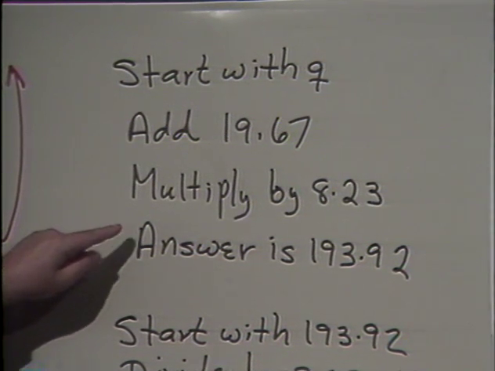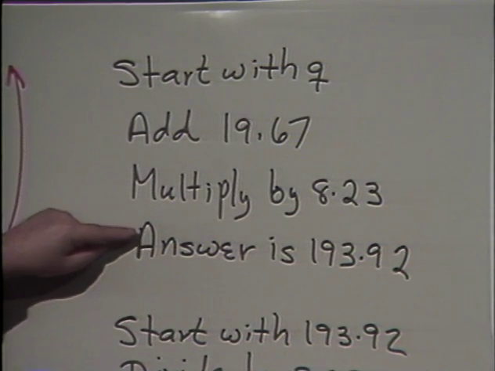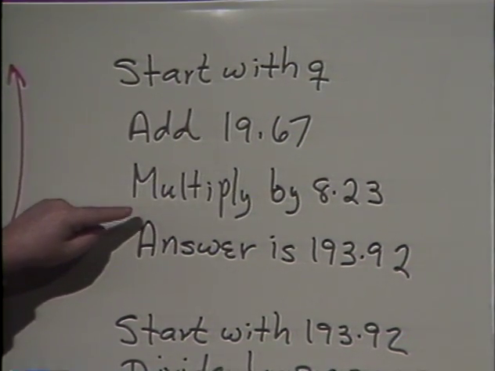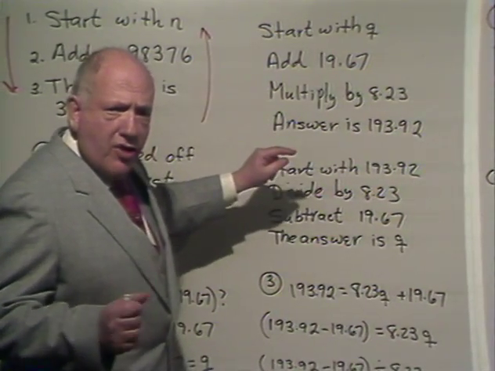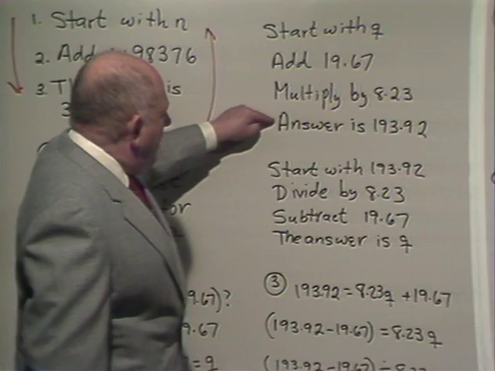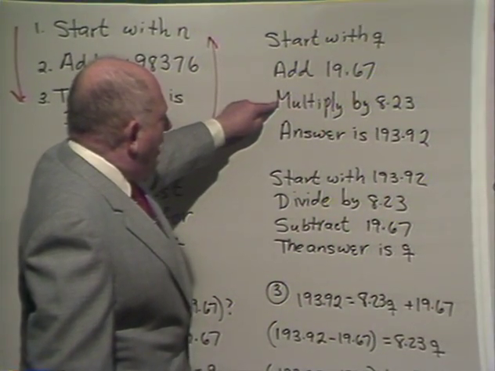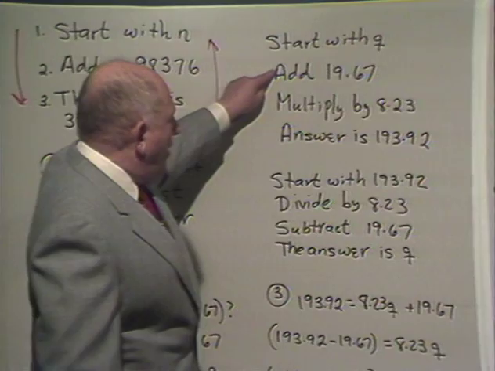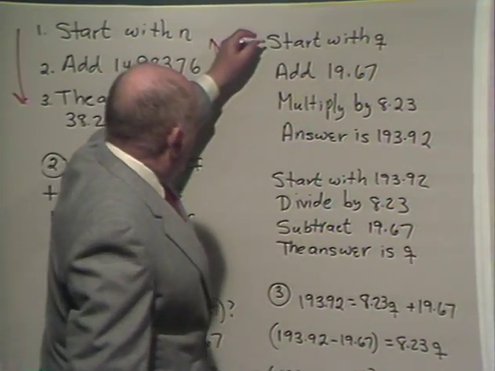And what I want to do is find the value of q. So what am I going to do? I'm going to reverse the steps in exactly the reverse order of how I got them. It's crucial not to change the order of the steps. I'm going to replace multiply by divide and add by subtract. This is called inverting the relationship.